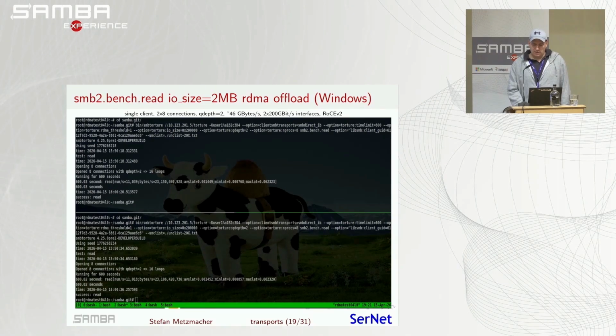And for RDMA offload, I first have a picture here where we have 2 SMB torture commands running on the same client using the same client GUID, so they simulate a single client and use both RDMA interfaces with 2 times 200 gigabit. And with that, we see basically 46 gigabytes per second on reads from the Windows host.